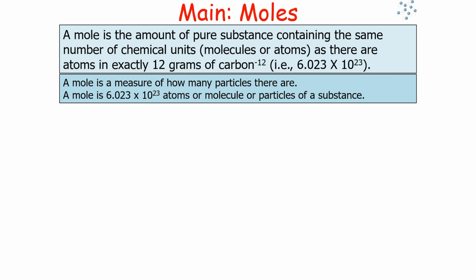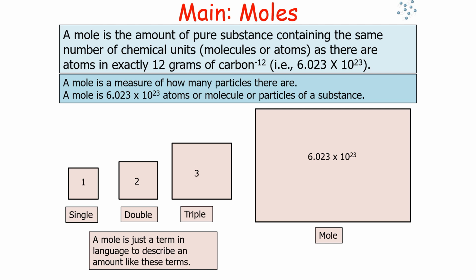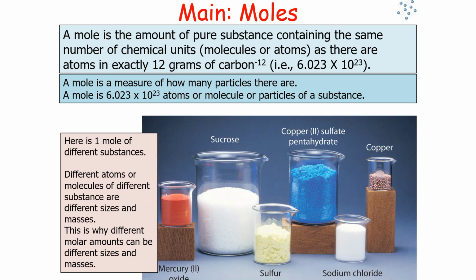So 1 mole is when there are 6.023 times 10 to the 23 atoms or molecules or particles of a substance. A mole is just a term used to describe an amount, like the term single, double or triple would be. There are many examples of getting 1 mole of a substance, as you can see in the following images.